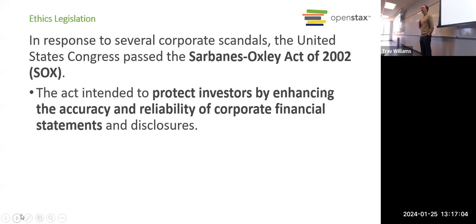And so Congress, their job is to make laws. Two senators from Congress got together and came up with this bill. Their names were Senator Sarbanes and Senator Oxley, hence the name of the act that got passed.